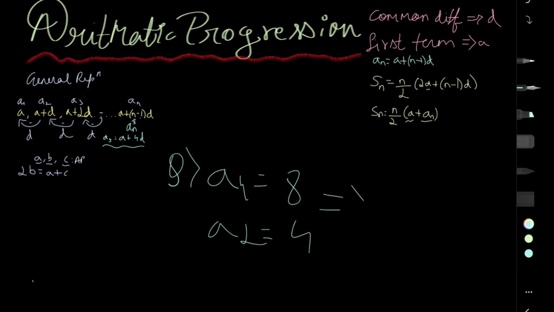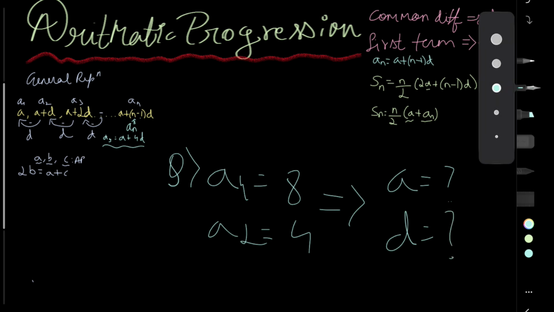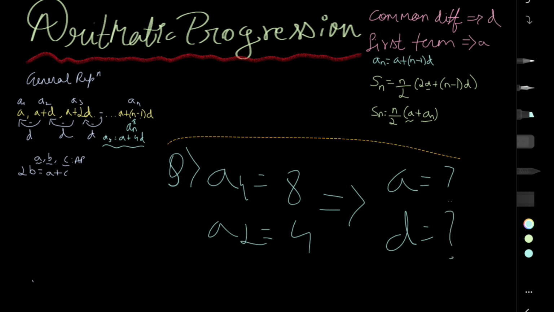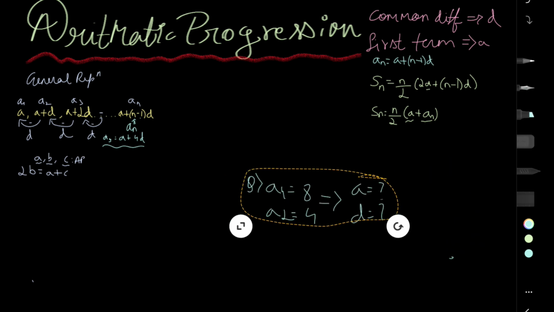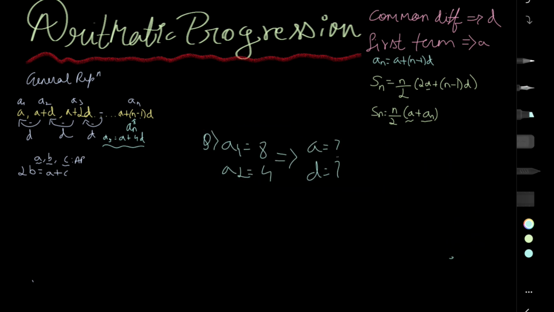Then we have to find a and d. This is actually a lower class question, not an IIT JEE or other exam question. I have taken this question just for the understanding of the concept.